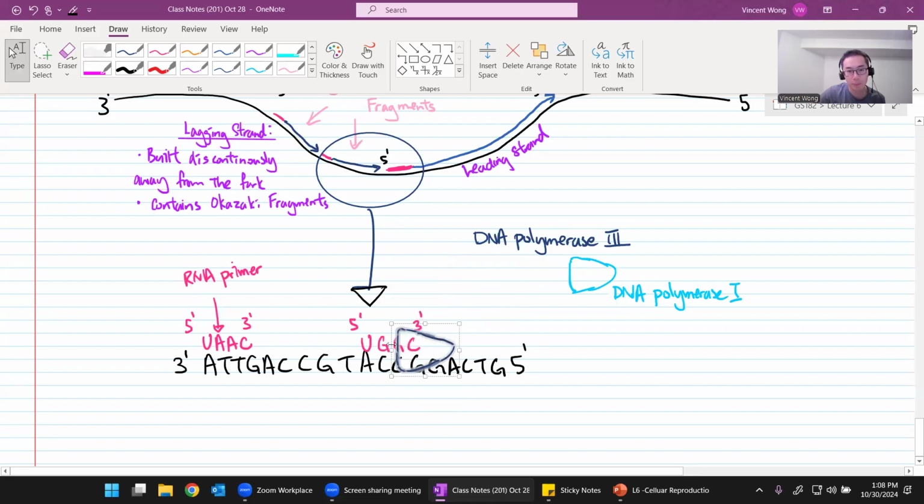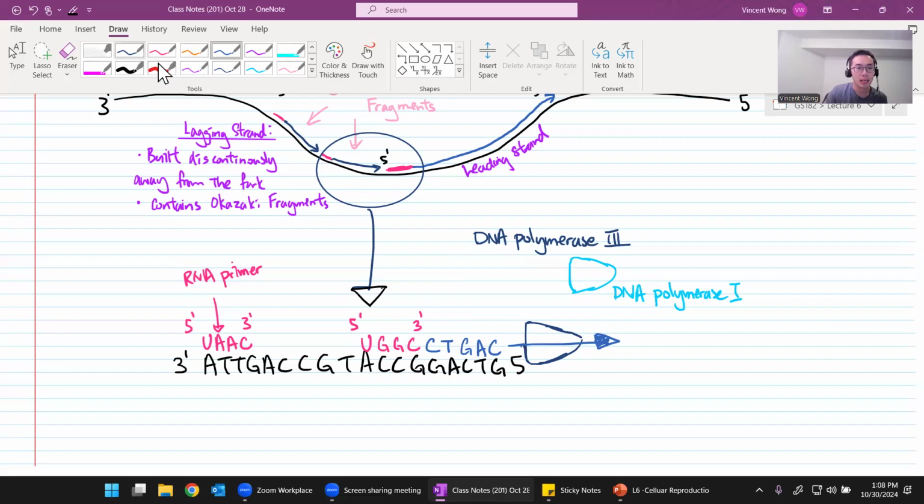The RNA primer is already in place. So the DNA polymerase 3 is just going to continue to build the rest of it, right? It's going to travel along the original DNA using it as a template, and then it's going to build the complementary strand: C, T, because it's building DNA, G, A, C. And then it's just going to keep going, right? That's old news. We already know that.